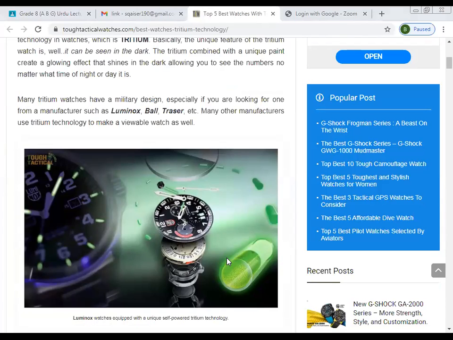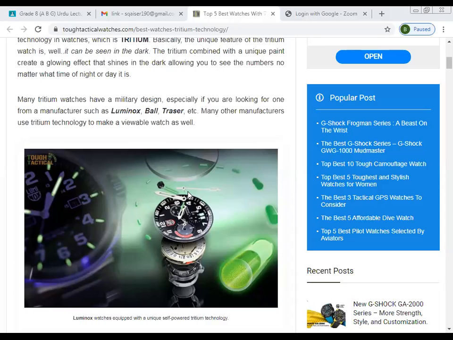Okay, here, this is the isotope of hydrogen, tritium. It is used in wristwatches or wall clocks so that they glow at night. It is mostly used in high-end watches so that the element glows at night.